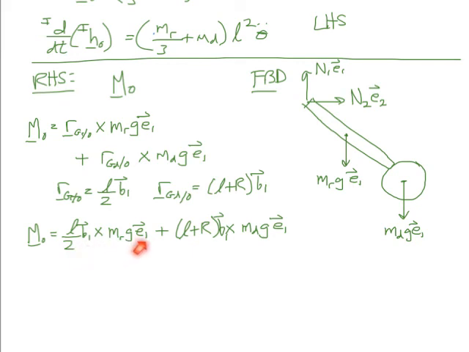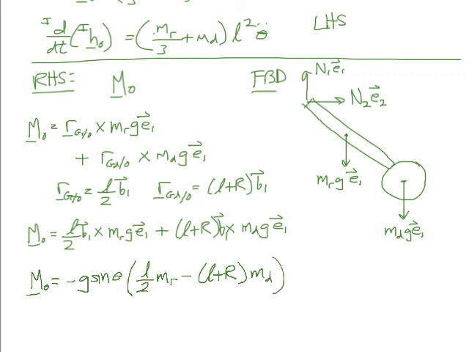We have a B1 crossed with an E1, so that means we need to convert either to the B basis or to the E basis. And then after converting and doing the cross product, we get that the moment about point O is equal to negative g sine theta multiplied times L over 2 multiplied times the mass of the rod, minus (L plus R) quantity multiplied times the mass of the disk, and this is in the E3 direction.